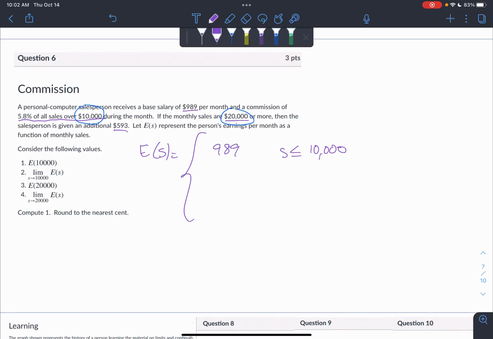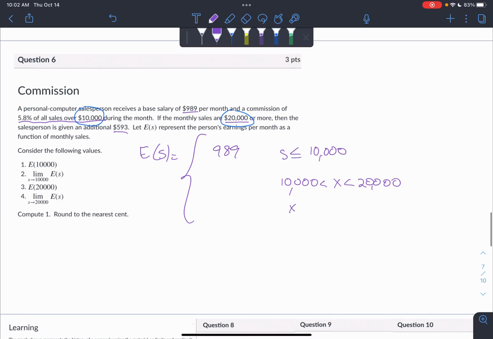If they happen to do more than 10,000 but less than 20,000, less than or equal to, no, because the last one is equal to 20,000. And then the last one is if it's 20,000 or more, so S is greater than or equal to 20,000. So that's how this one should look.